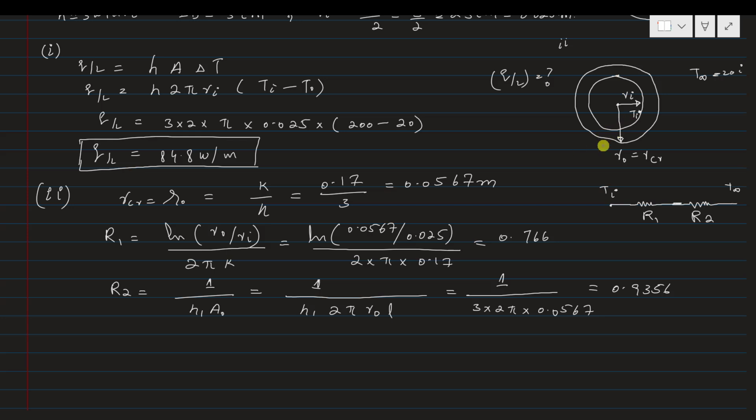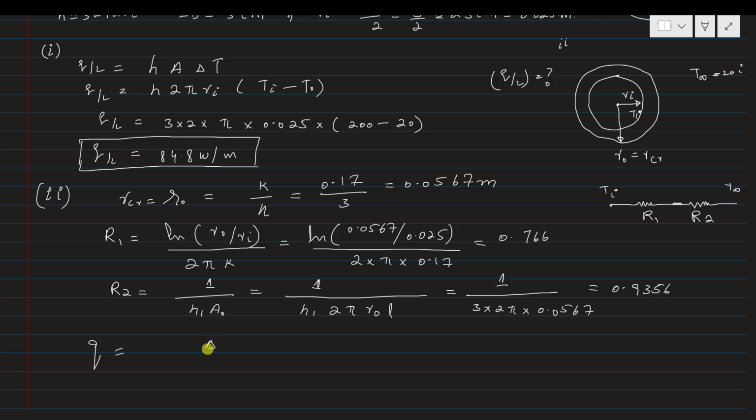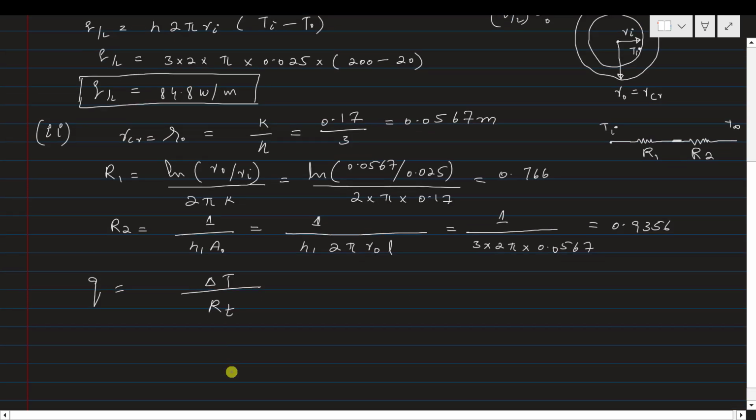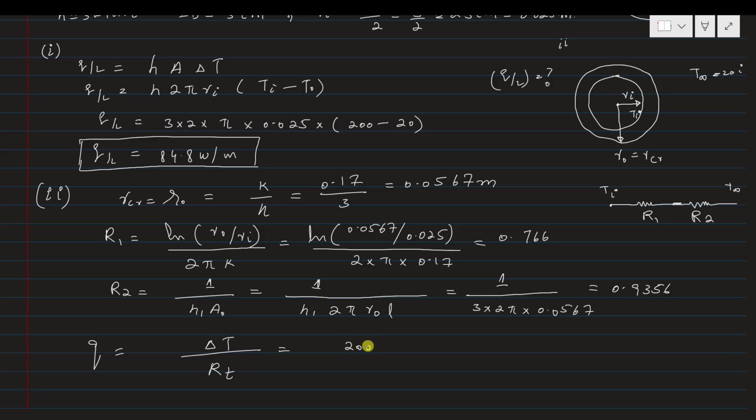So the total heat transfer in this case is equal to the temperature difference divided by the total resistance offered to the heat transfer. The temperature difference is 200 minus 20, divided by the total resistance R1 plus R2.